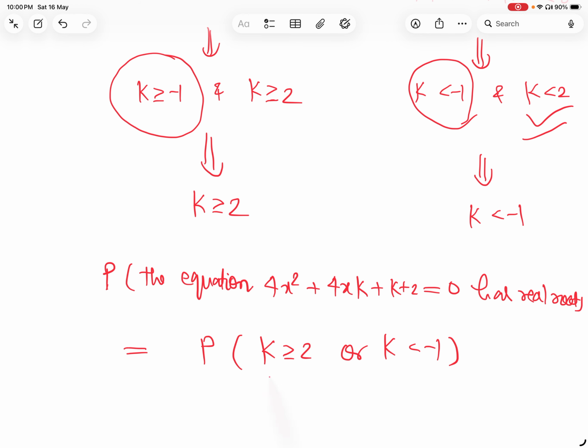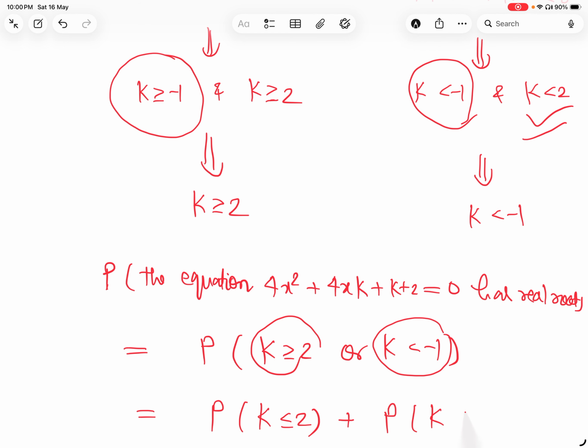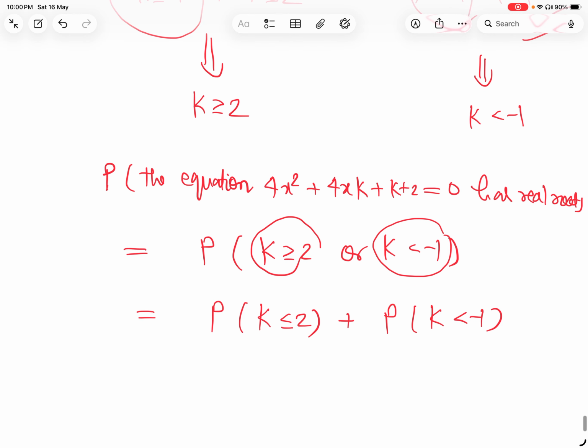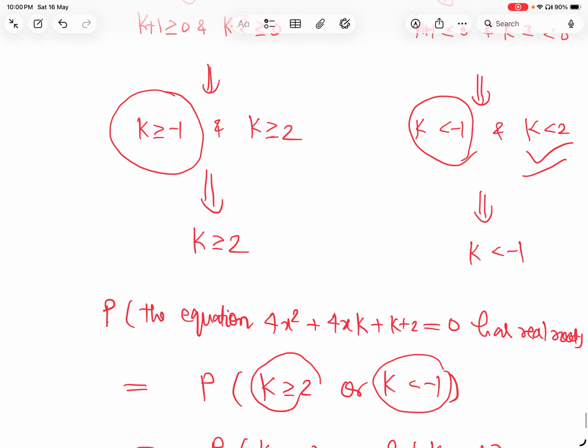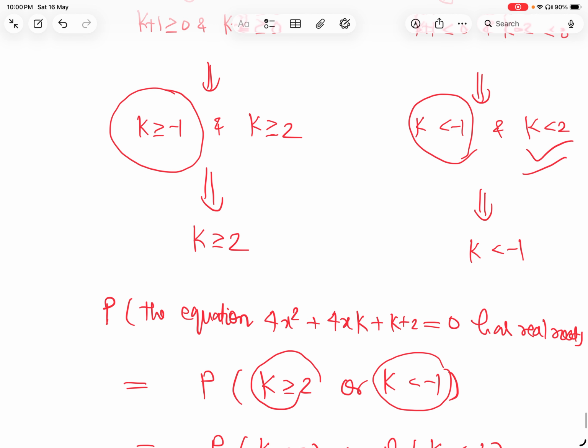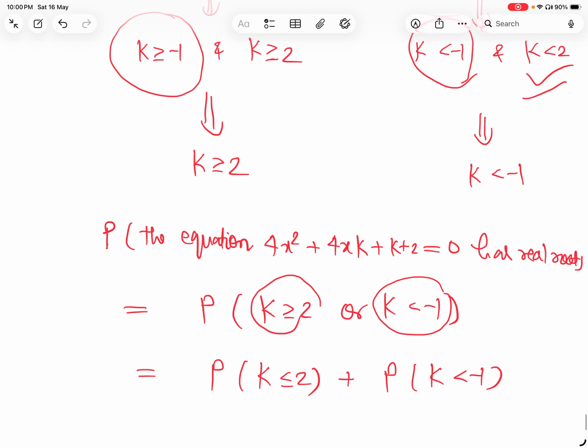These two events are mutually exclusive, so we can write P(k greater than or equal to 2) plus P(k less than minus 1).